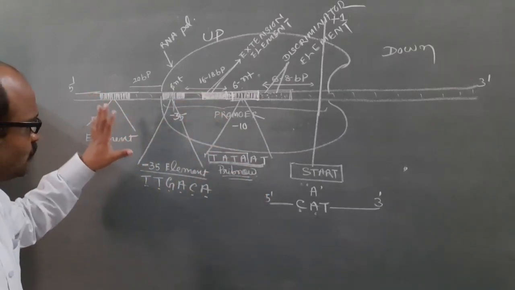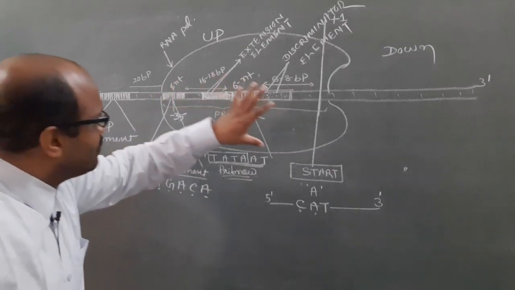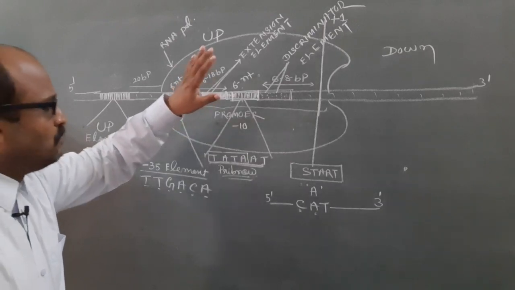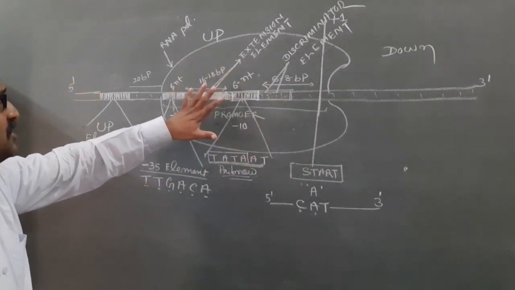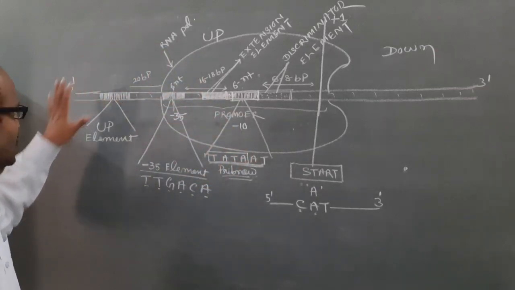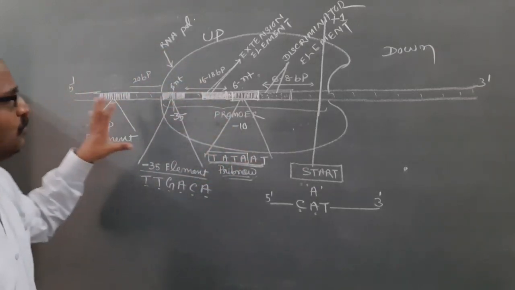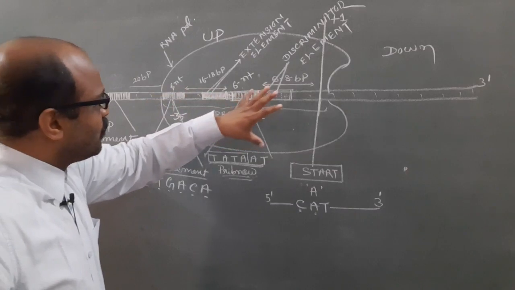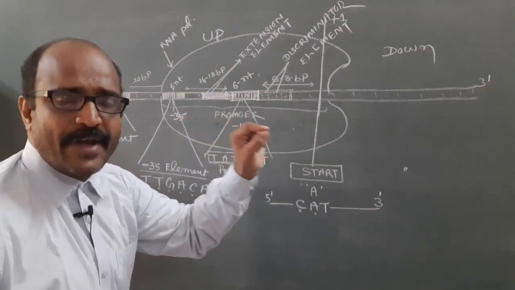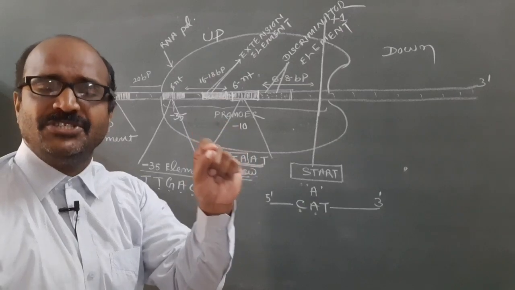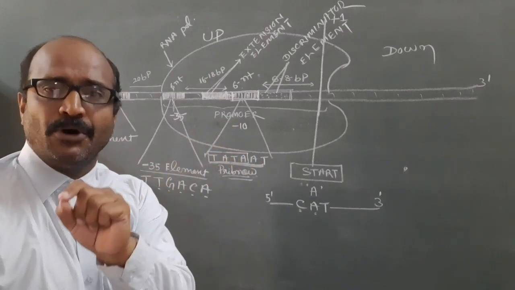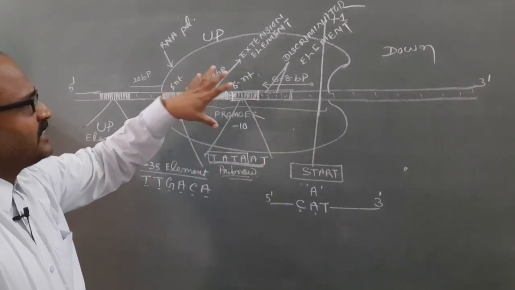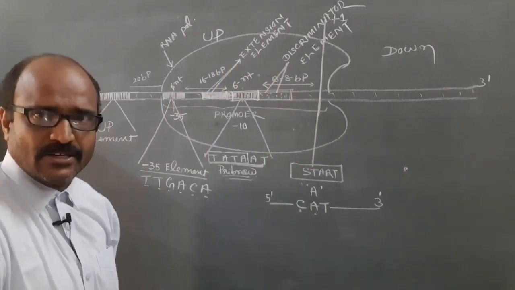If there is no minus 35 element, then the RNA polymerase will read the extension element. But most of the stronger promoter regions should have the up element. So these different elements will be recognized by the sigma factor or the alpha region of the holoenzyme RNA polymerase.